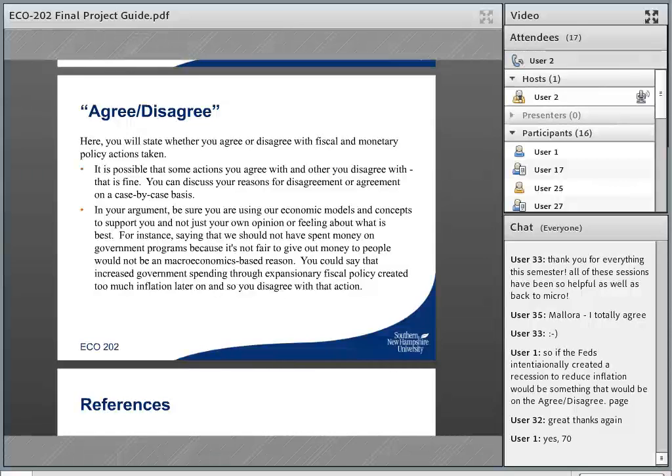Maybe it was 79 that they did it. I forget the exact time when they pulled the trigger. But yes, so they increased interest rates very high. And that is a contractionary policy. So the higher you raise the interest rates, the more you're putting the brakes on the economy, so to speak. And they did that because inflation was so high.